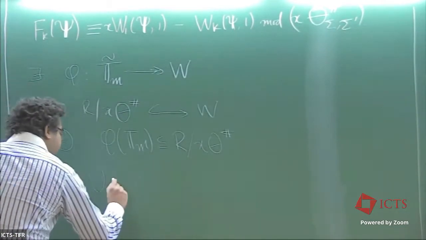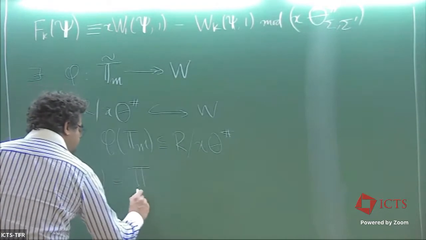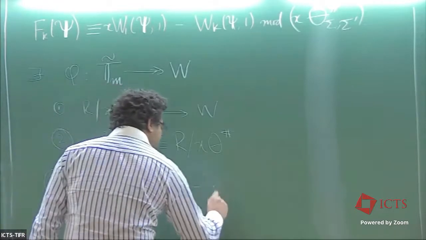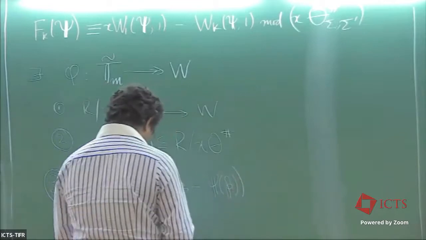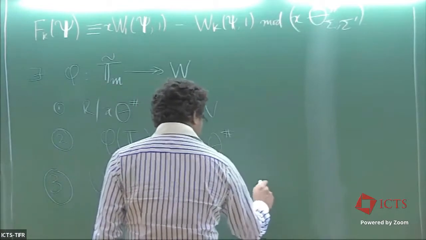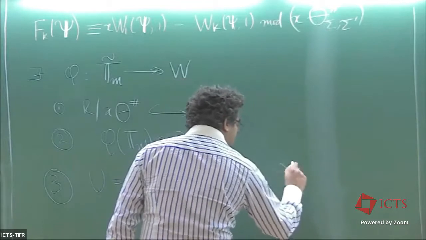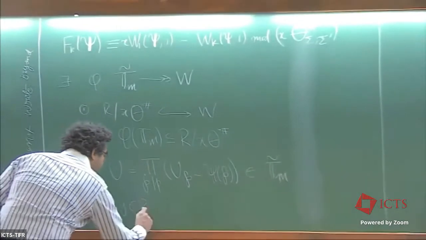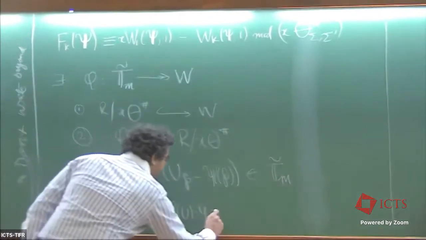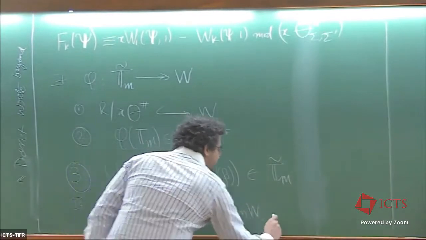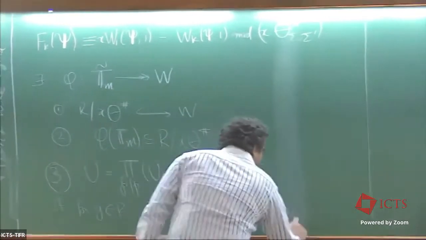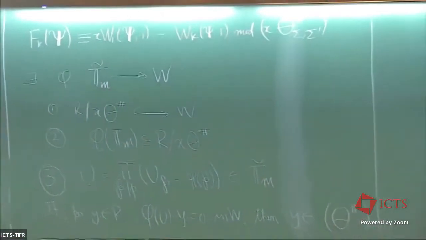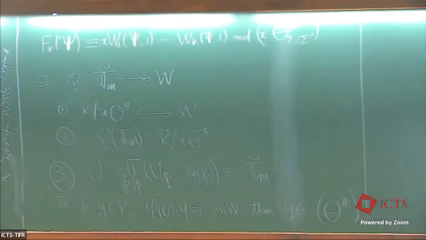And then the last thing was, if U_p minus psi(p) is in T_m tilde, so if for y in R, phi of u times y is 0 in W, then y is actually in the ideal generated by theta. So this last property is the one that we are going to use today.